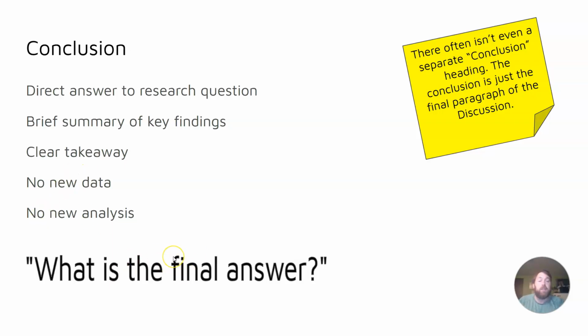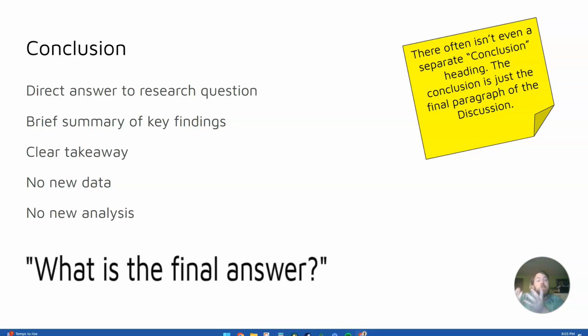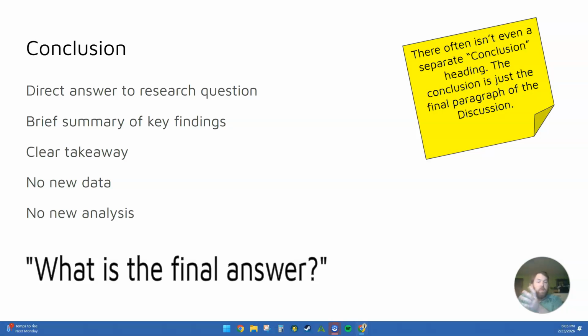And because of this, you might have noticed in the papers that you read that sometimes there isn't even an extra conclusion heading making it its own section. It might be that your discussion section has this culminating paragraph at the end of the paper and has a concluding statement while not actually having anything to finish out in a different section.